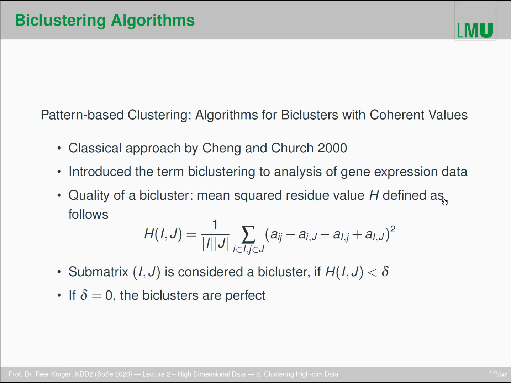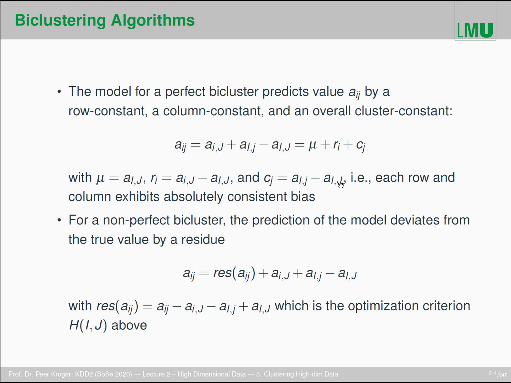And actually, the model for a perfect bi-cluster can be used in order to formulate the whole thing as an optimization problem. The model for a perfect bi-cluster predicts a value for any row and any column by a row constant, a column constant and an overall cluster constant, which is this one here. So the value of a perfect bi-cluster can be predicted by those three values.